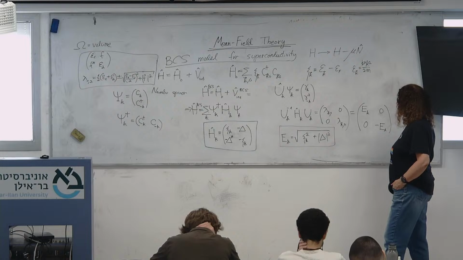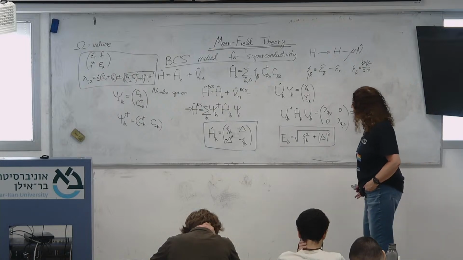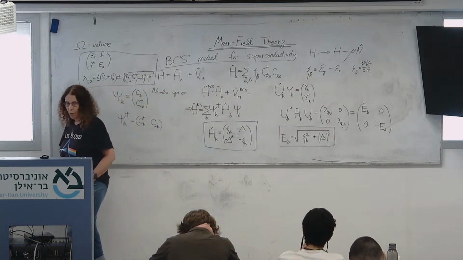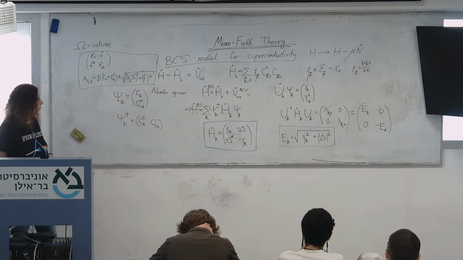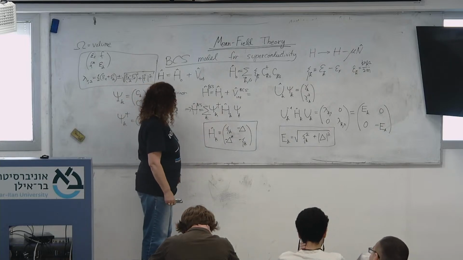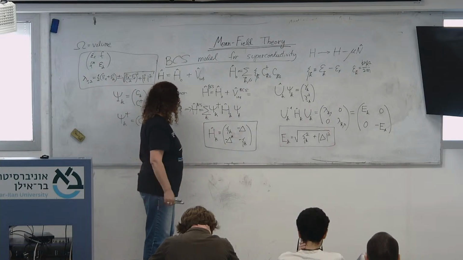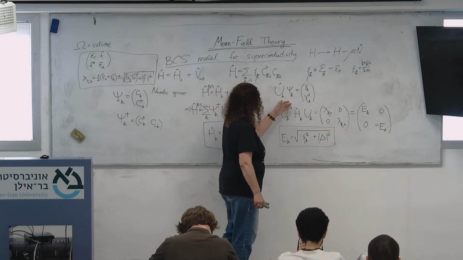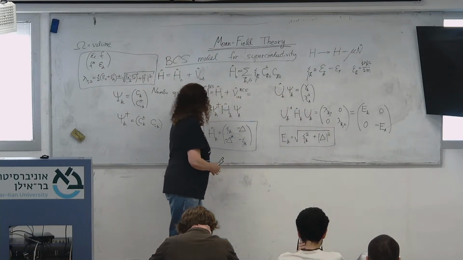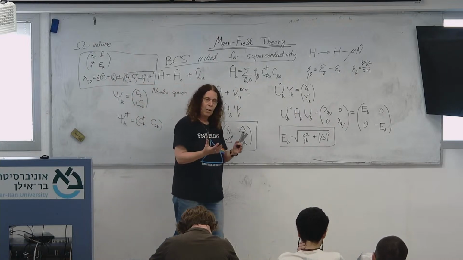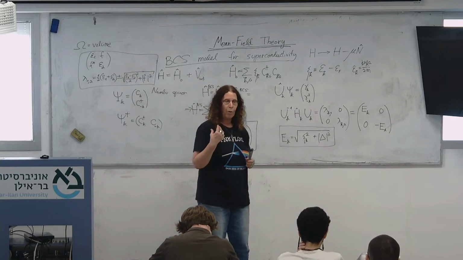Okay, so what did we get? So first of all, we see that, okay, that is a trick that you can always do. Basically what I'm saying is that the Hamiltonian is no longer diagonal in the basis of the real electrons, okay?